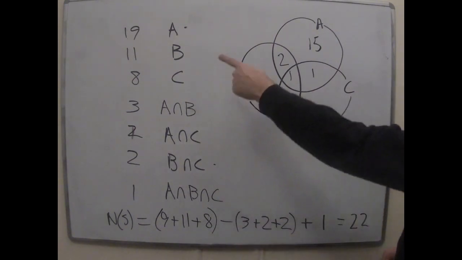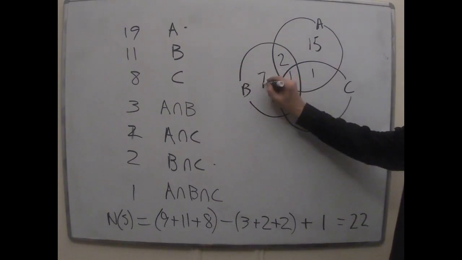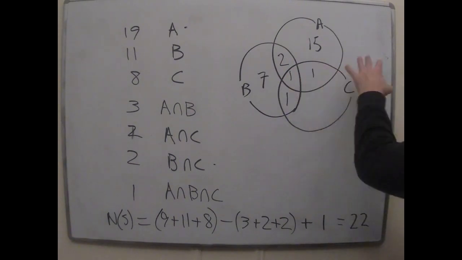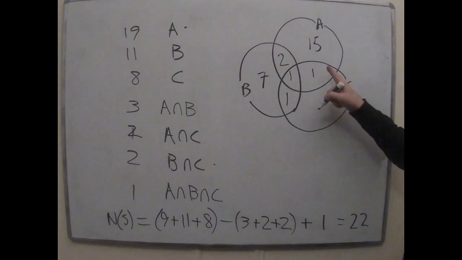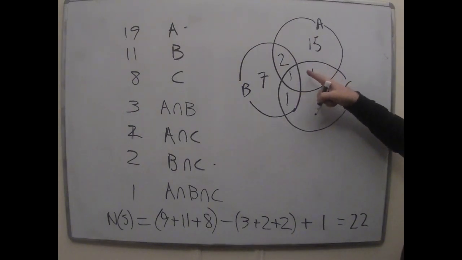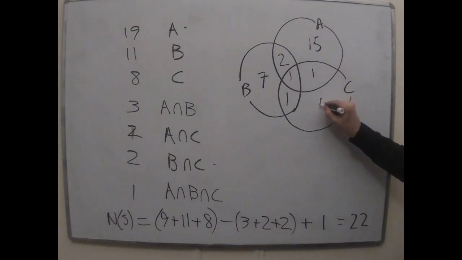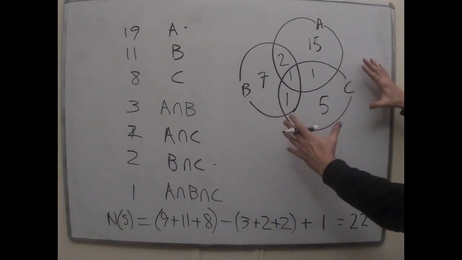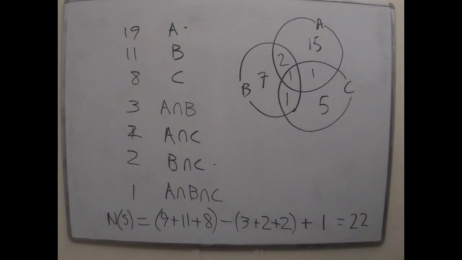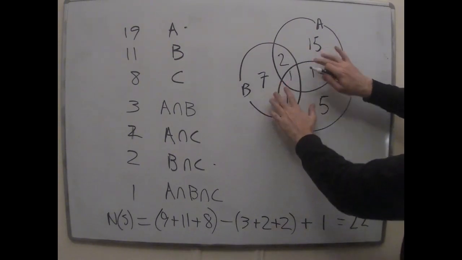B was 11 things, and we've already got 4 of them, so that means 7 more that are outside of the other 2 sets. And finally, C, these were the bitey dogs. There's 3 of them that also have fleas or mange or both. And then that means we have 5 more that's their only issue. So, if I've done this right, we should be able to add this stuff together and get the total. 8, 9, 10, and what's 15 and 7?